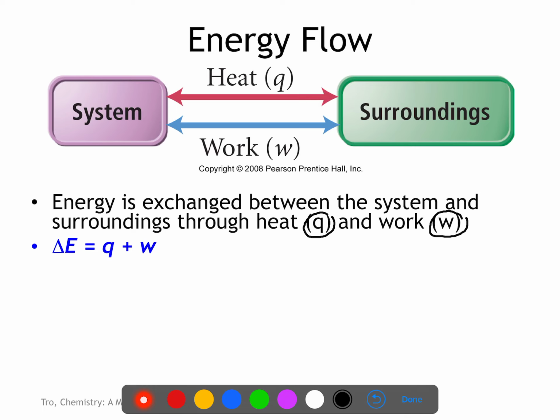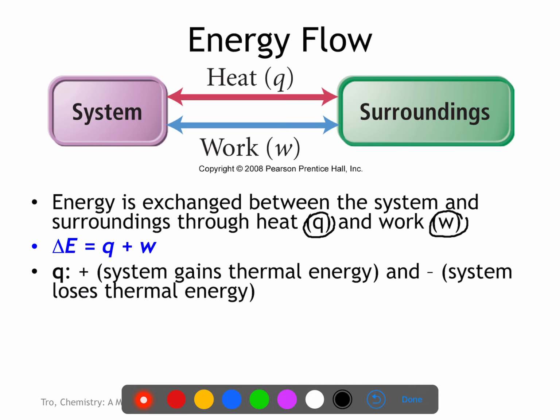Now, heat is in the form of thermal energy, and it's positive when the system is gaining thermal energy, and negative when the system loses thermal energy. So, if you're getting warmer, you're gaining thermal energy, Q is positive. If you're releasing thermal energy, you're getting cooler, heat is negative. We already talked about work.